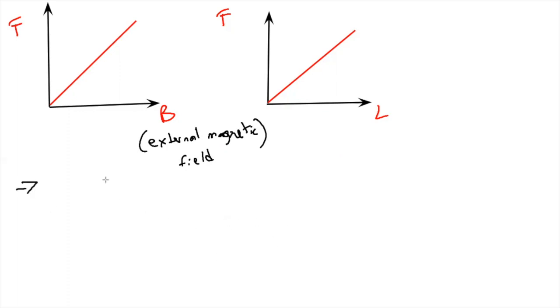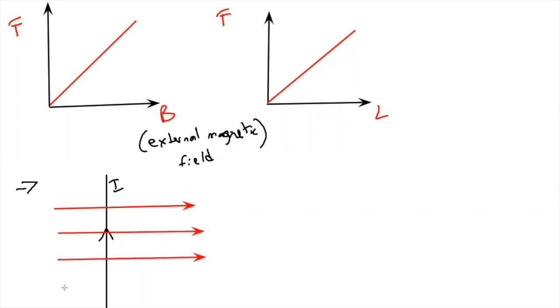Anyway, now let me tell you another thing. When I say that there's force and there's current, this is current, and we're going to have some lines for magnetic field, not a force. So this is B, which is magnetic field.